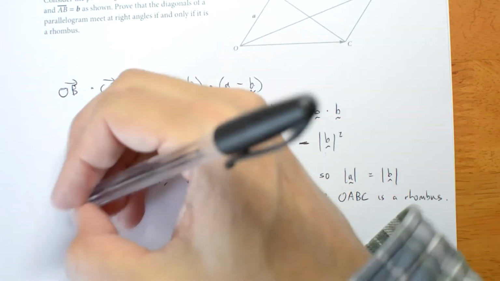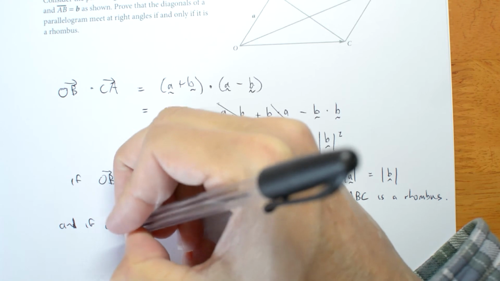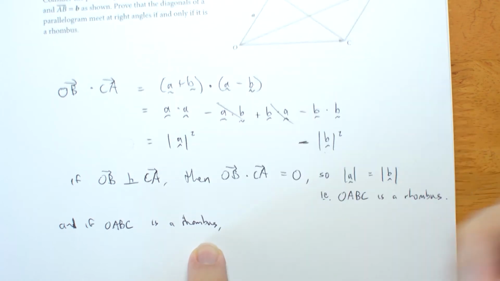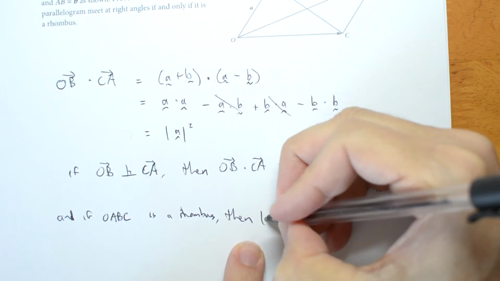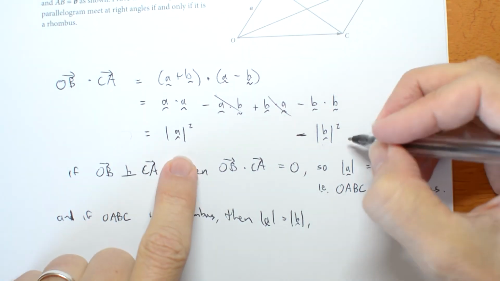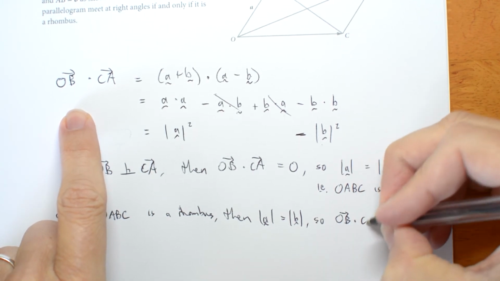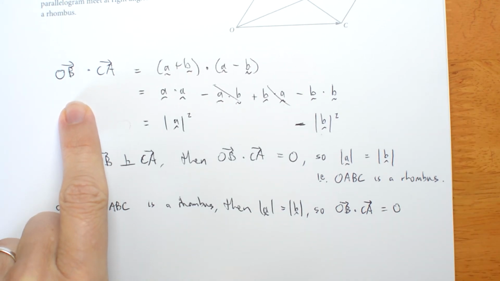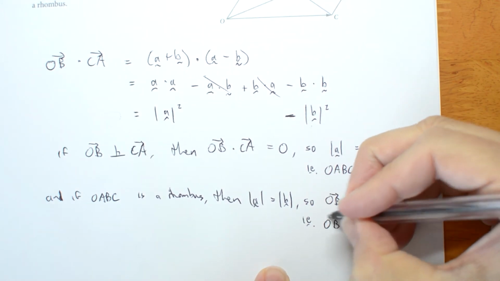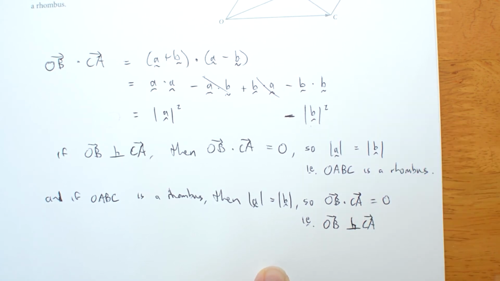And then the other direction says, if OABC is a rhombus, then mod A equals mod B, and from what we just showed, OB dot CA must be 0, which is to say that OB is perpendicular to CA, and therefore the diagonals are perpendicular.